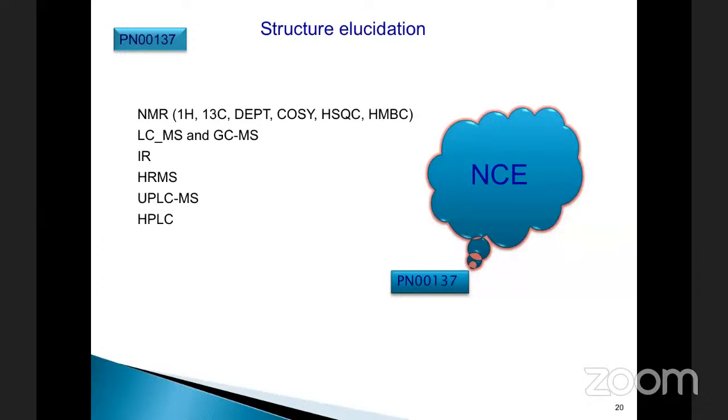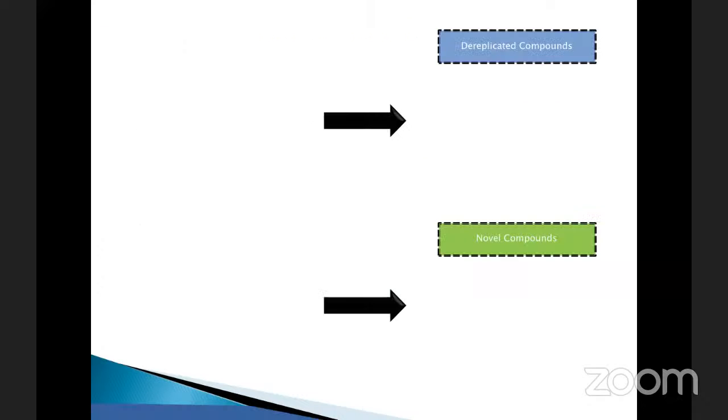That's our job and the job of the new generation. We do not want to follow the same path that previous researchers have followed. If you follow a different path, you will end up with different molecules. That's how the idea should be, and that's how the effort should be, to find novel molecules from nature.